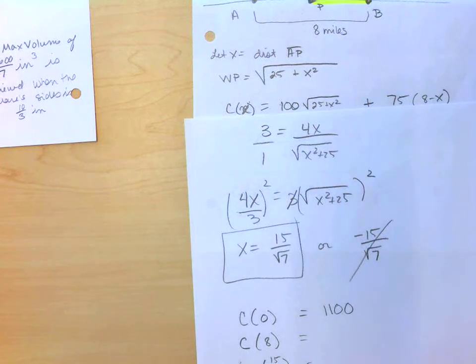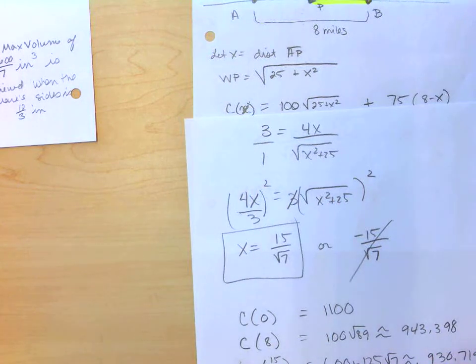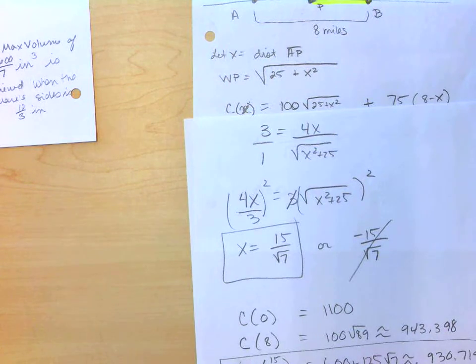The cost when x equals 15 over the square root of 7 comes to 600 plus 125 square root of 7, or approximately 930.719. And the cost when x equals 8 comes to 100 square root of 89, or approximately 943.398. So it looks like our minimal cost is when x is equal to 15 over the square root of 7.